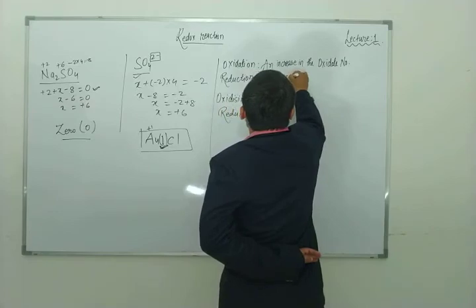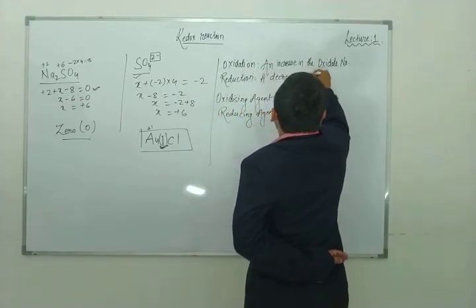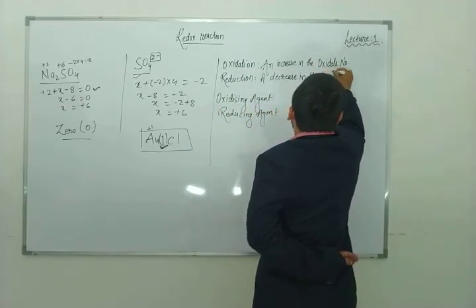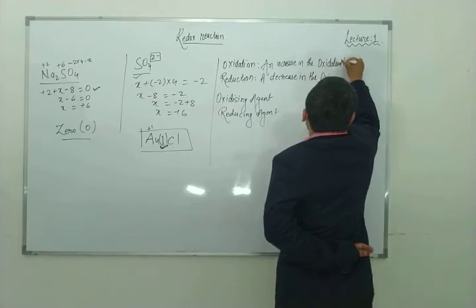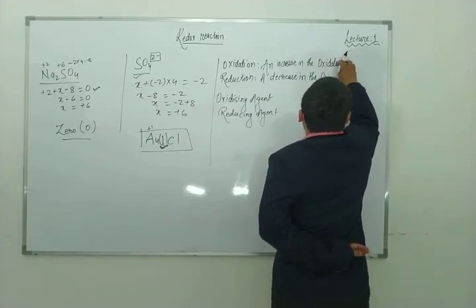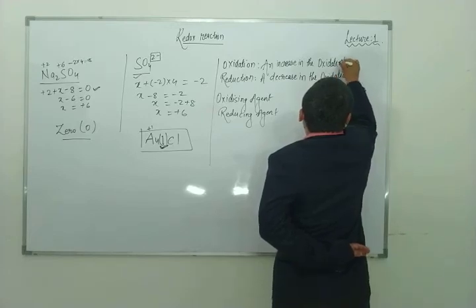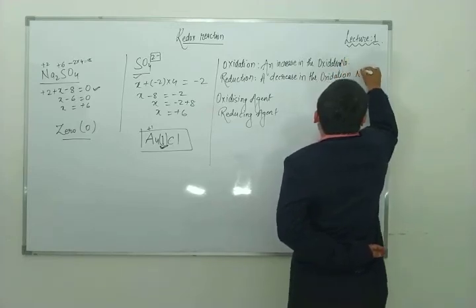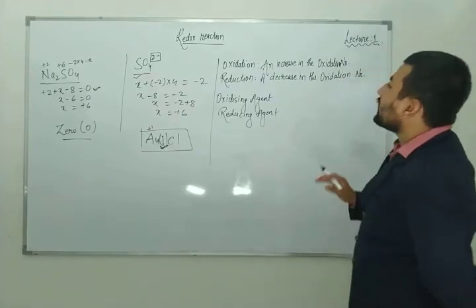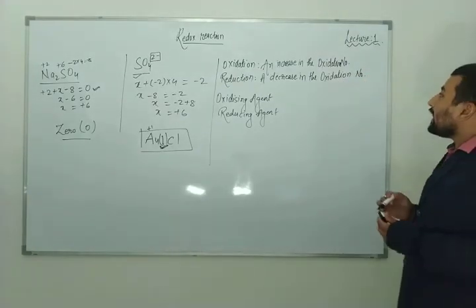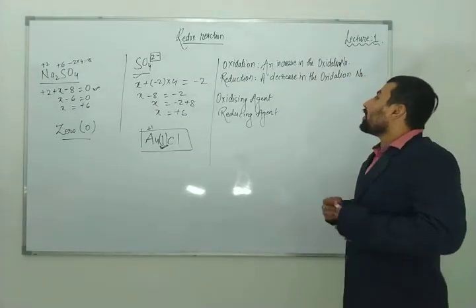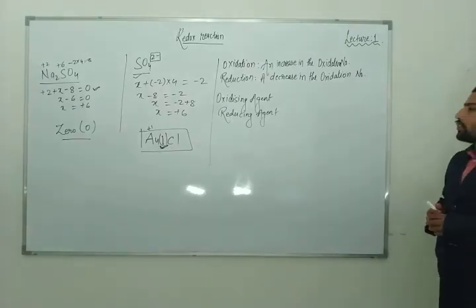Can we write like this or not? Right? Oxidation is an increase in the oxidation number, and reduction means a decrease in the oxidation number.